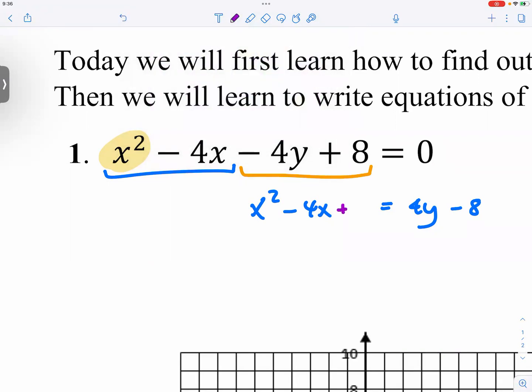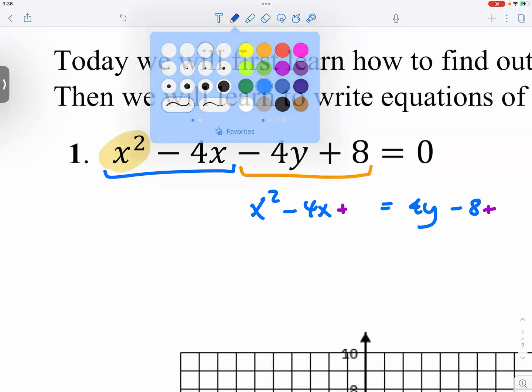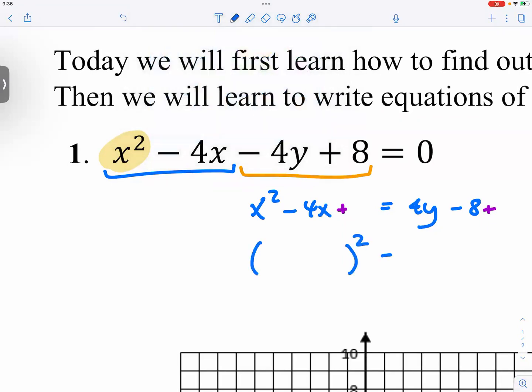Because now we can make an attempt to create this perfect square. But as of now, we don't have all the ingredients for this perfect square. We are missing one final ingredient. Do you know what the final ingredient is to make this perfect square, also called completing the square? What do we have to add over here?